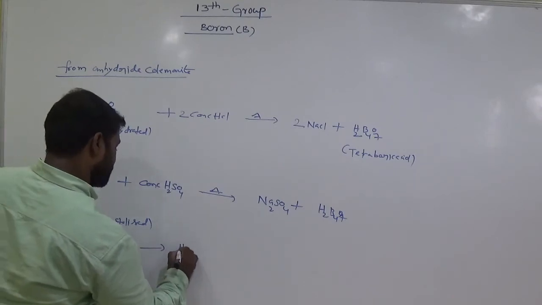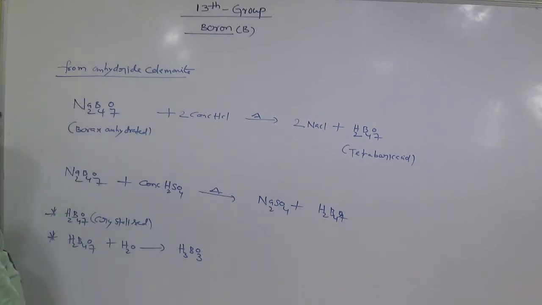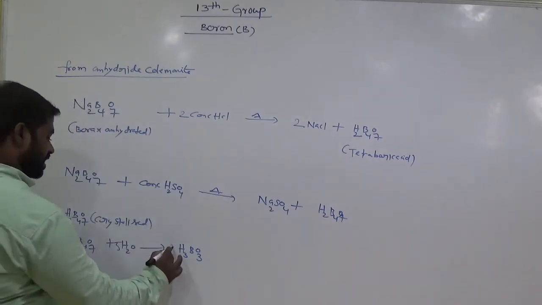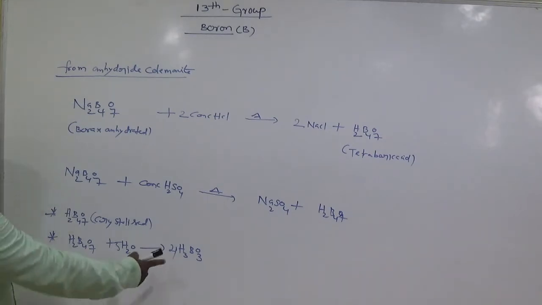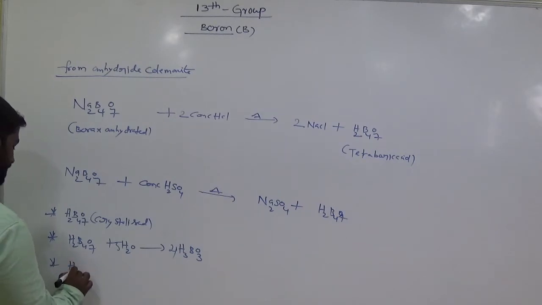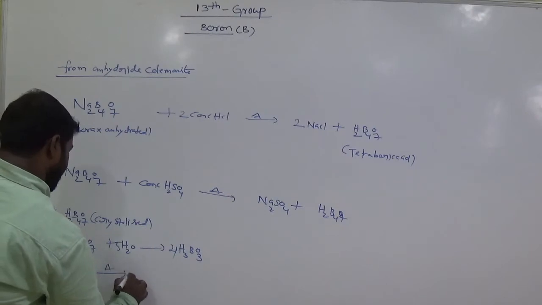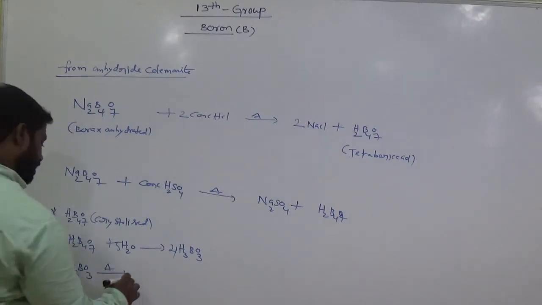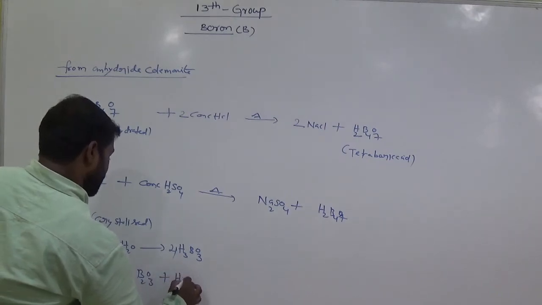Now this tetraboric acid undergoes hydrolysis. It gives orthoboric acid. Already we discussed this one. This orthoboric acid undergoes heating. It produces B2O3, boric anhydride, and H2O.